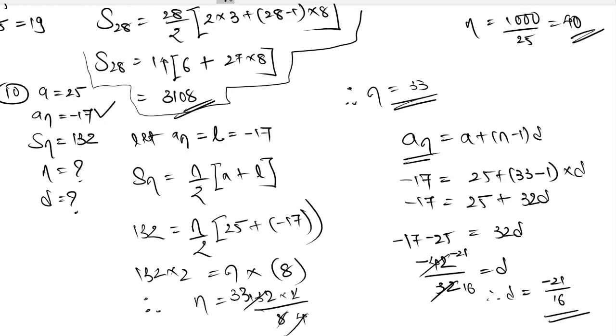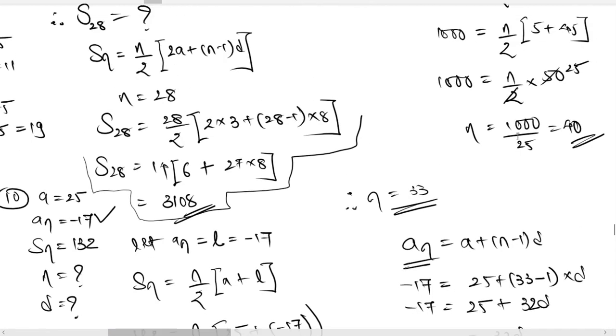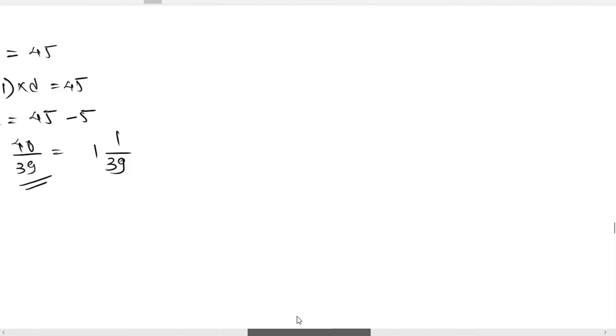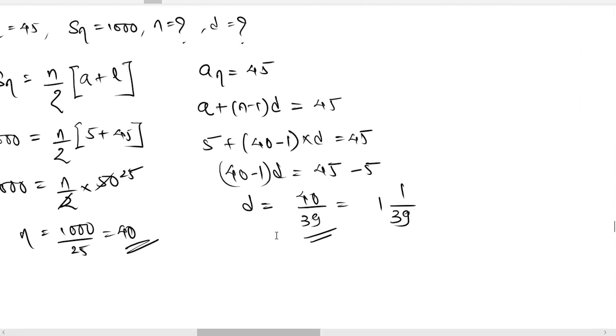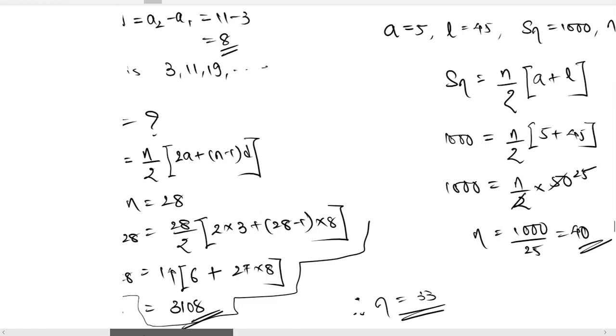I don't think so. Minus 17 minus 25 is equal to 32d. Perfect. What about in the previous question? The same thing. Yeah, I don't think there is any mistake.